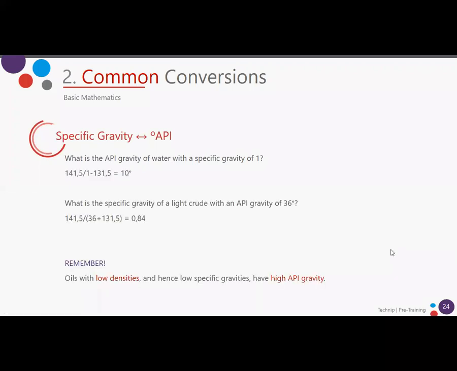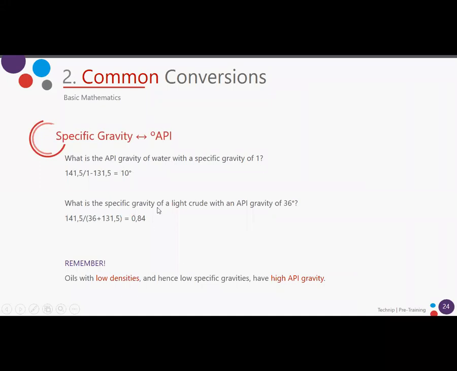Okay, so some examples. What is the API gravity of water with the specific gravity of 1? So I have my formula, 141.5 divided by 1, minus 131.5. The API gravity of water is 10 degrees.